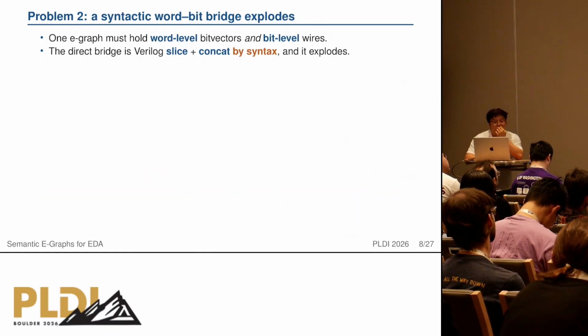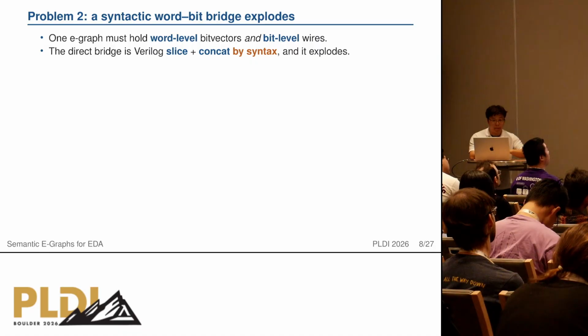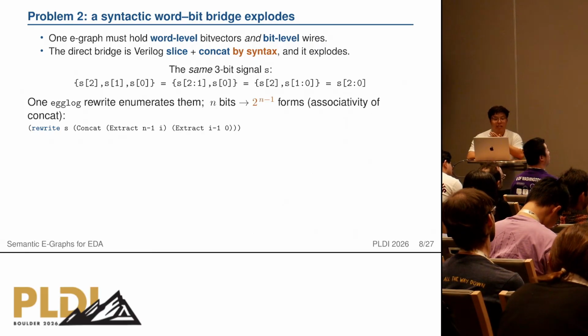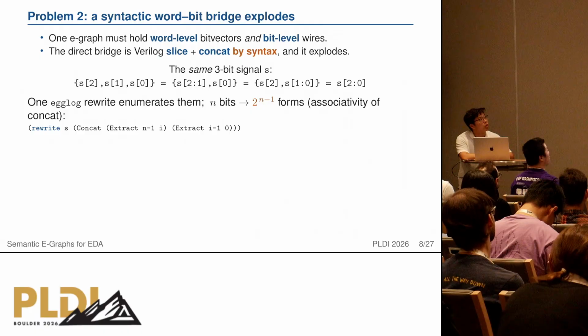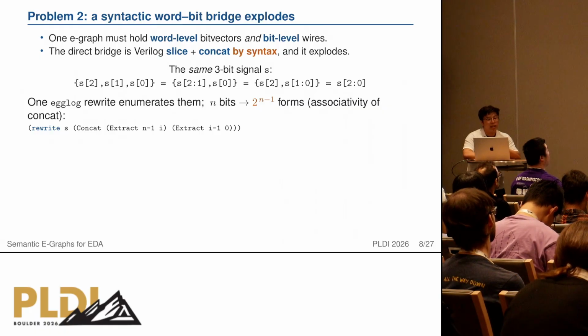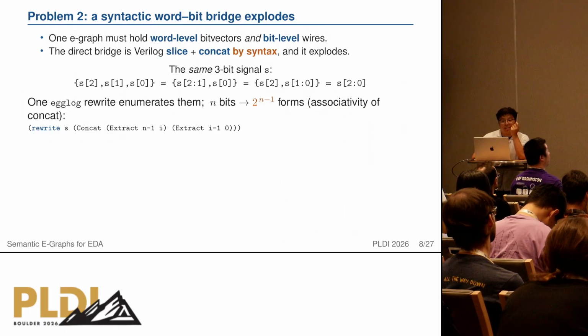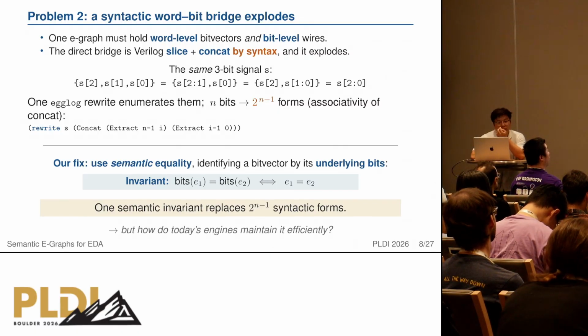The second problem is that a direct syntactic word-bit bridge will expose an e-graph explosion. This is a very classic e-graph issue. If we use the Verilog slice and concat by syntax, for example with a 3-bit signal S, we have 4 different forms of expressing it in the e-graph, and this will give us exponentially many different forms to be rewritten and discovered.